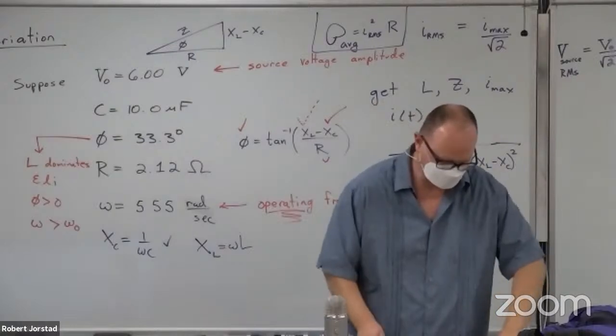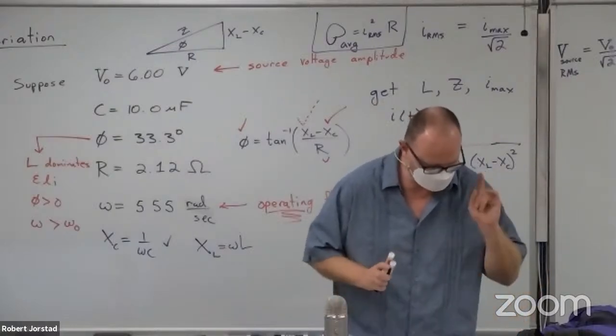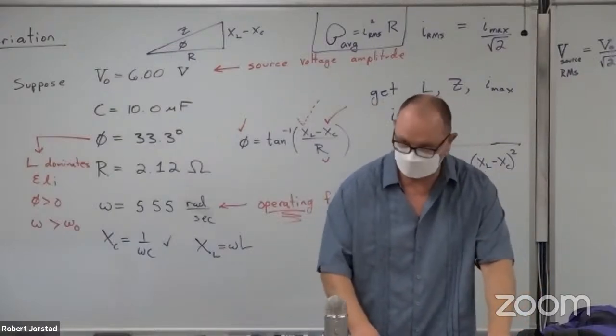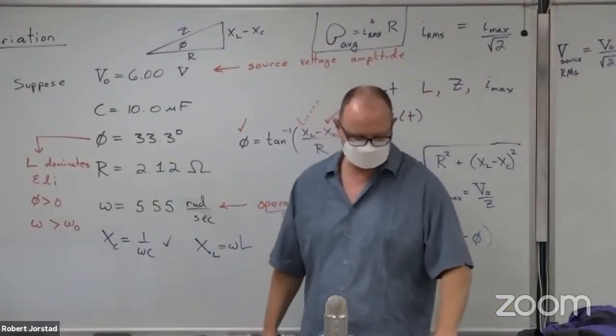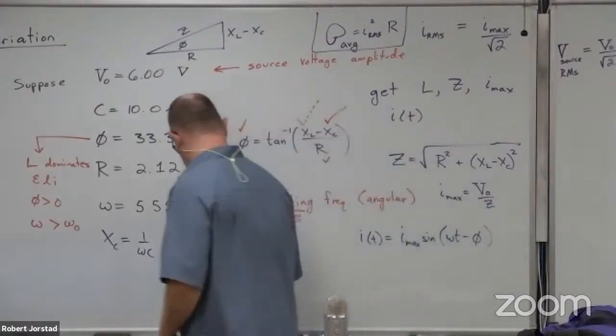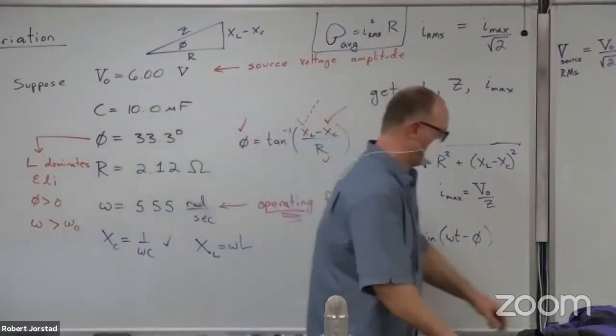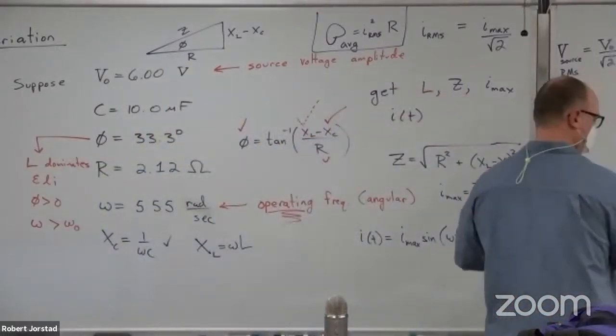Before we move past it completely, let's do a different type of problem here. Look at 31.5 really quick. Let's see if you actually learned something. 31.5. Variation again.